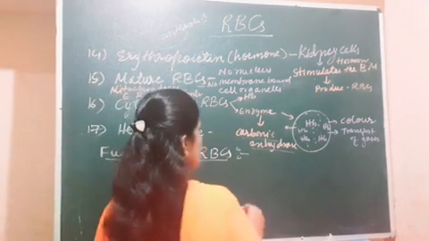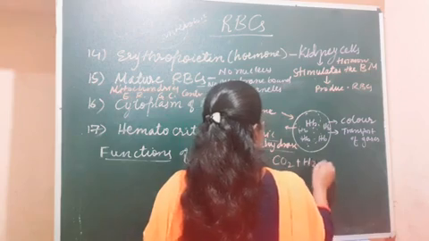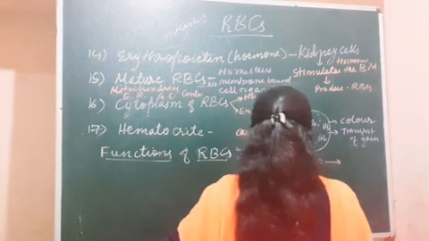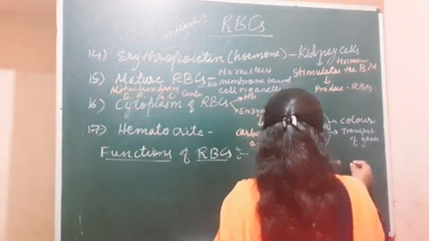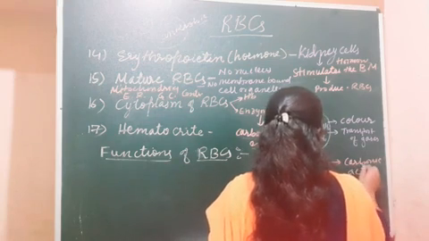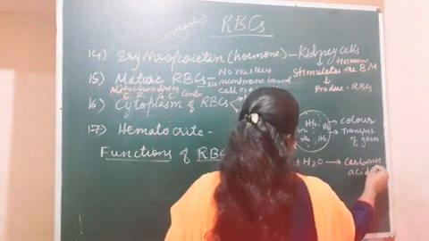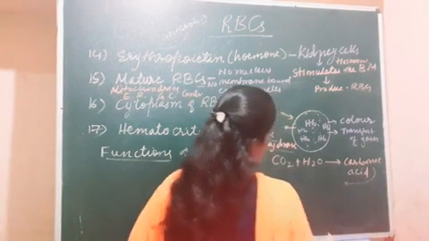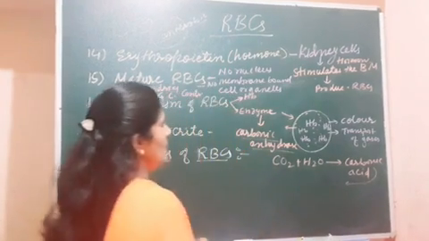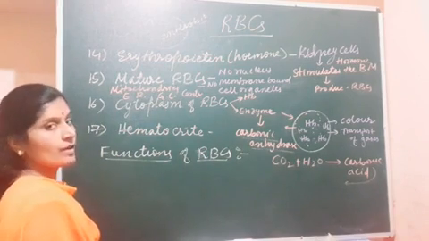Carbonic anhydrase combines CO2 with H2O and it forms carbonic acid. This carbonic acid then dissociates, and in this way the CO2 is released or transported.